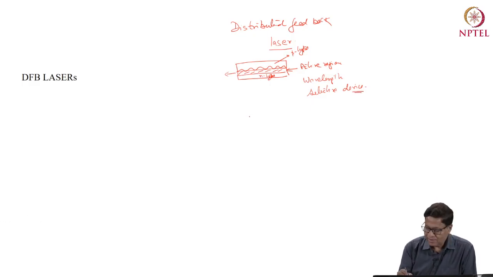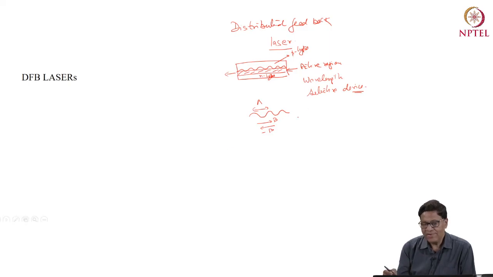So what is happening here? This is my grating, and say this period is capital lambda. This direction is beta, the propagation constant, and this direction is minus beta.